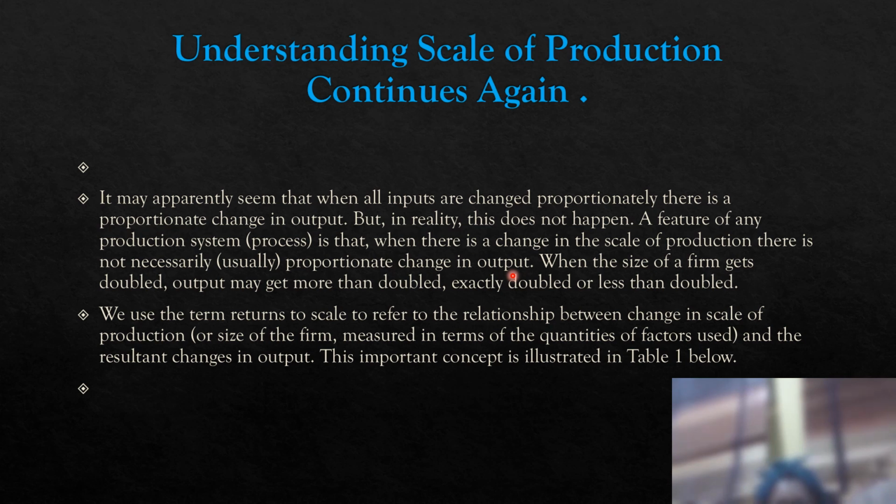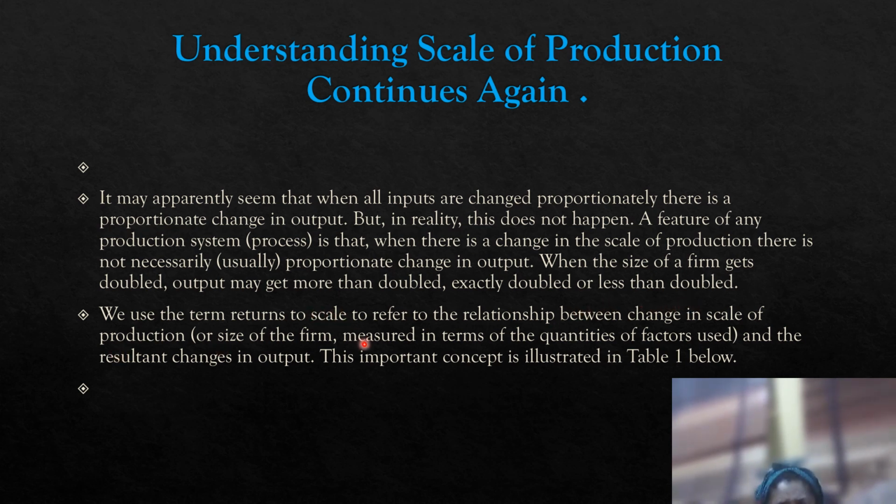That was what I was saying. You employ everything and yet you have a different result. When the size of a firm gets doubled, output may get more than doubled, exactly doubled, or less than doubled.